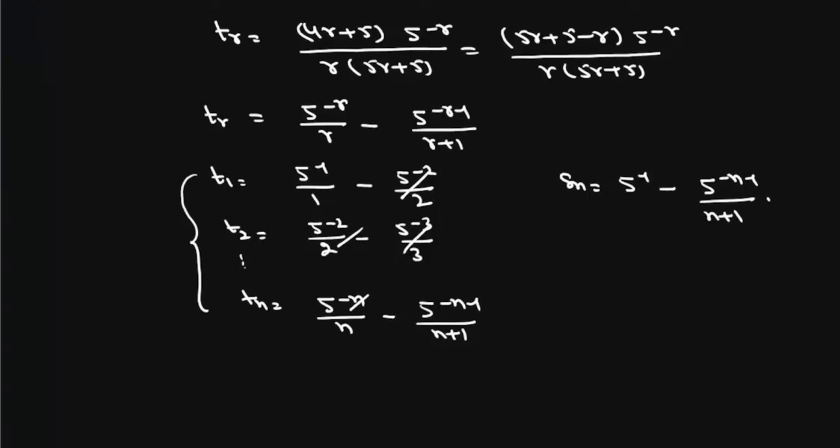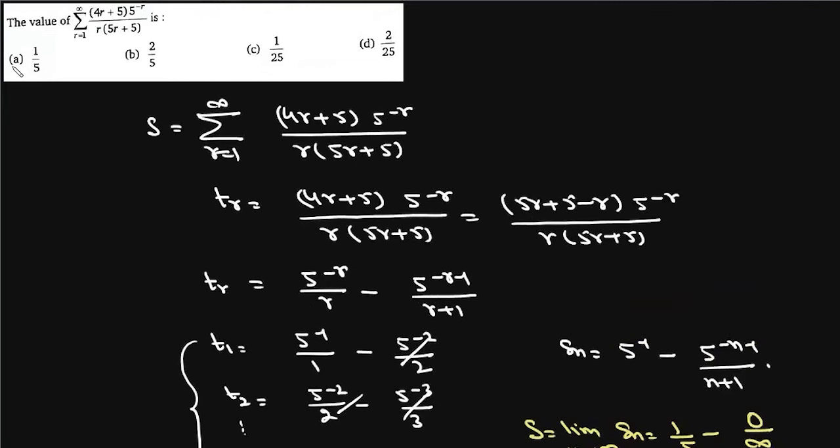Now in this question, we need to find S infinite. So S infinite, which is simply S, will be this limit n tends to infinite Sn. Now this is 1 by 5 and then minus. Now 5 to the power minus infinite is 0 and this is infinite, so this expression will be 0. So the value of S is simply 1 by 5. And that's your option A.